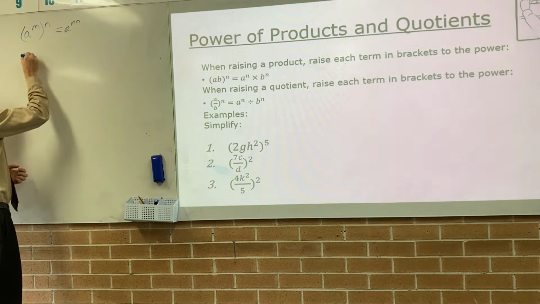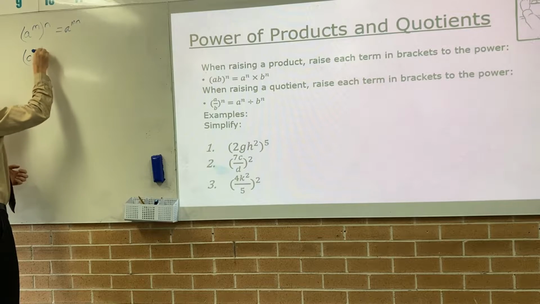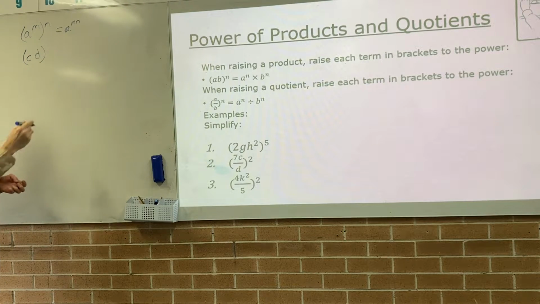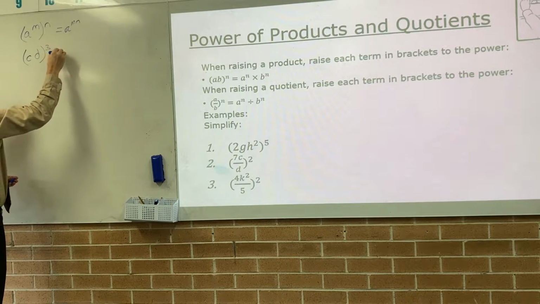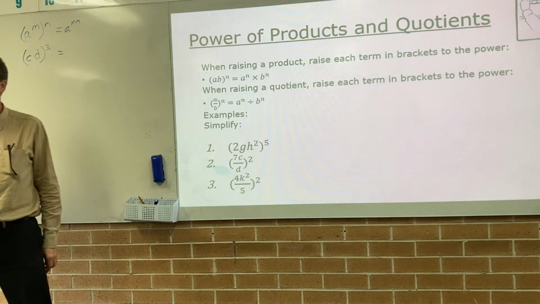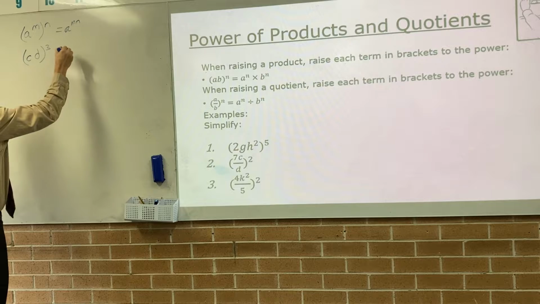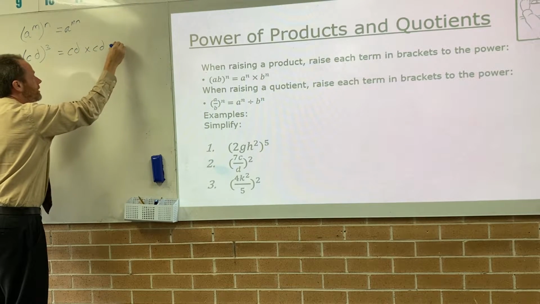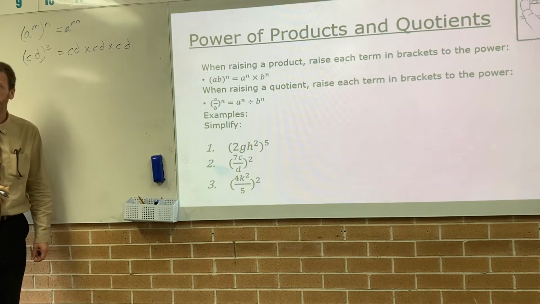Imagine that we have CD to the power of 3. Really, what's going on is that we are doing CD times CD times CD.